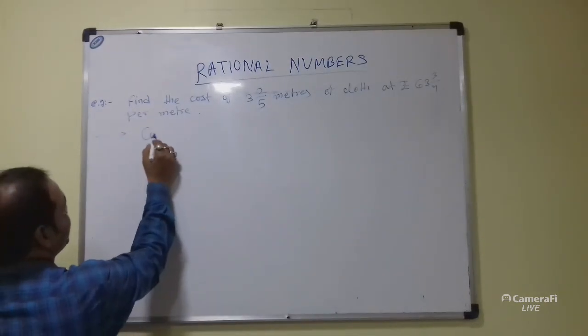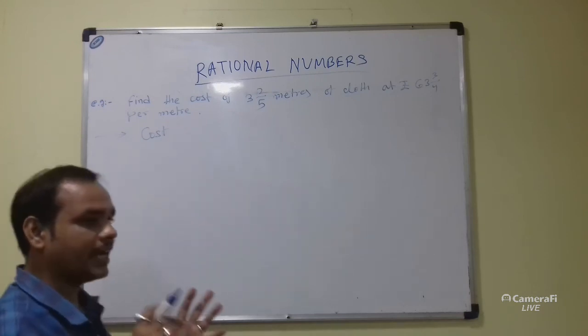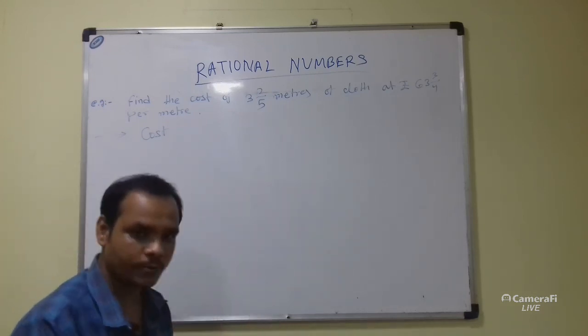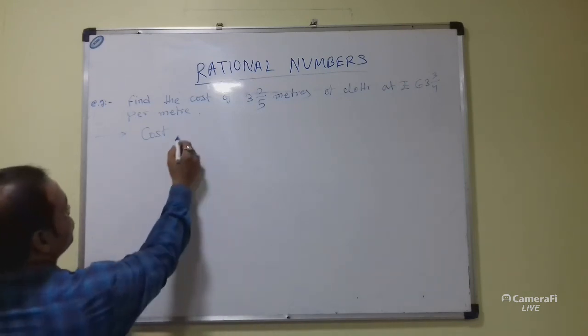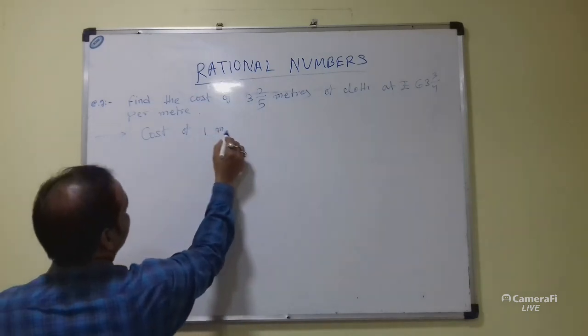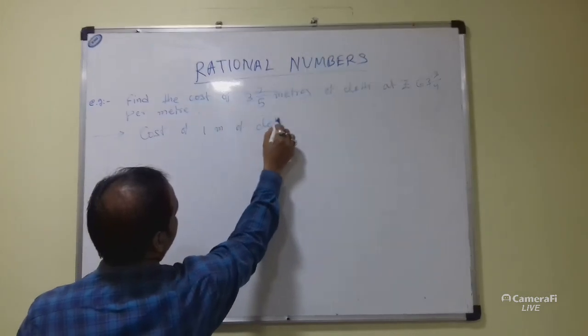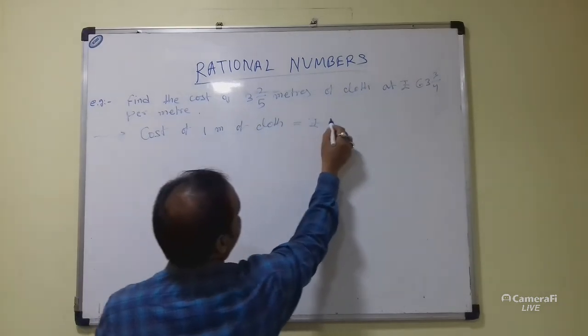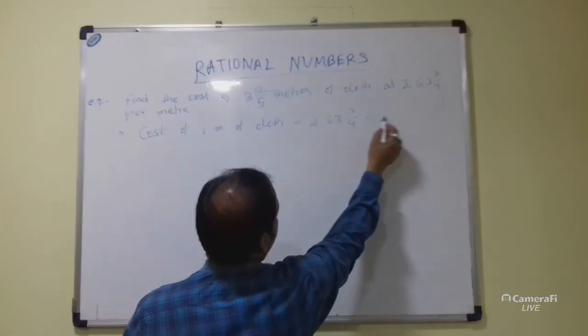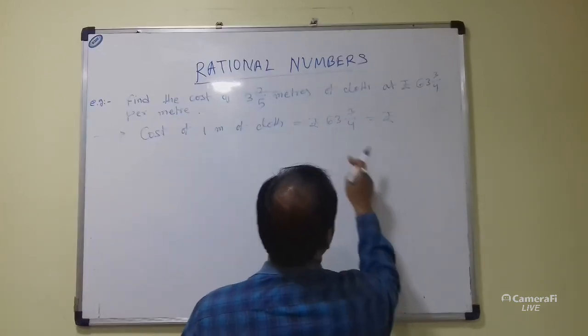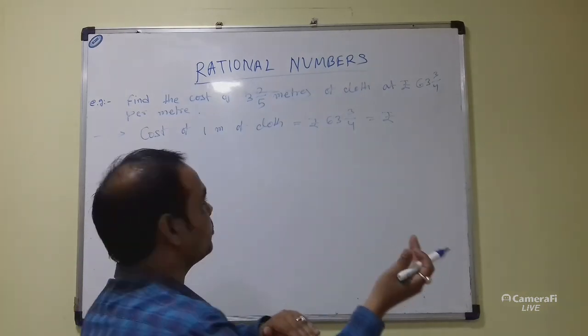So here we have to write. Students, you have to write the proper statement because it's a word problem. So it's mandatory to write the proper statement. So cost of 1 meter of cloth is equal to rupees 63 whole 3 by 4, which is equal to rupees, so we have to convert this mixed fraction into improper fraction.